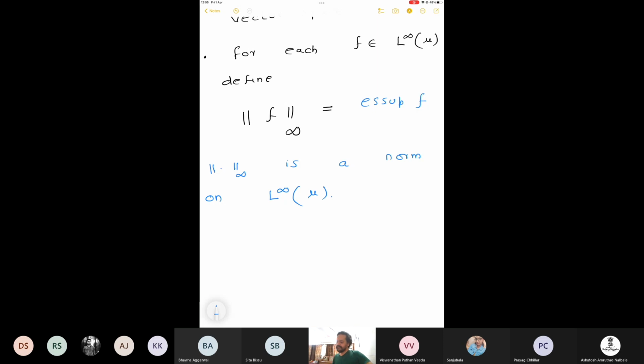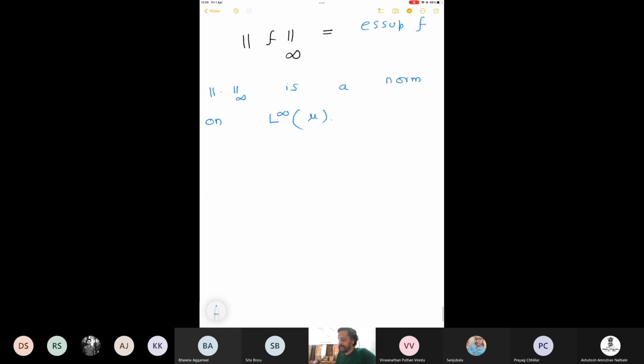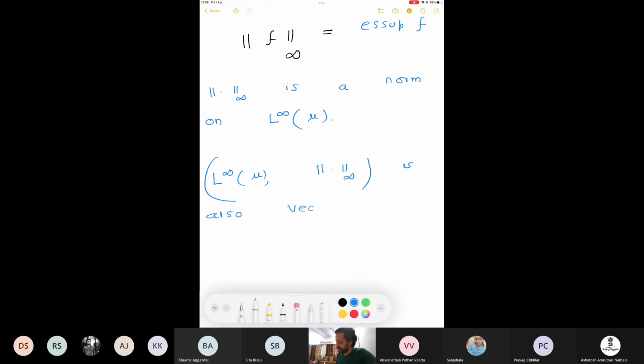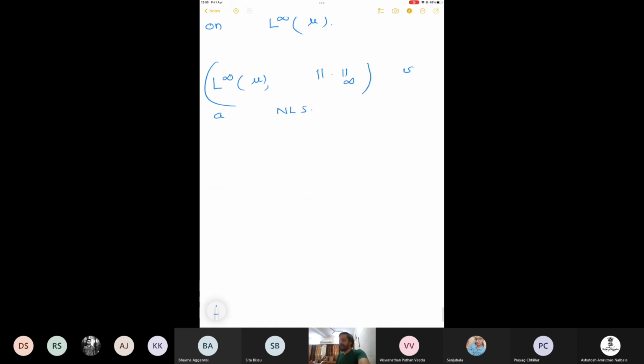And therefore L infinity mu with this norm is a normed linear space. Let me avoid "also" because I am specific about infinity. It is a normed linear space.